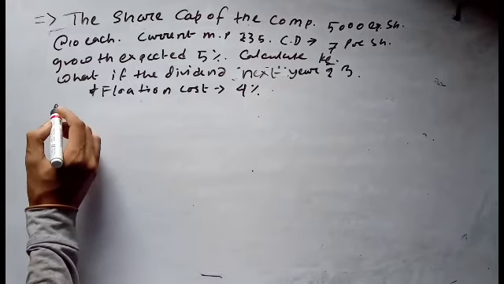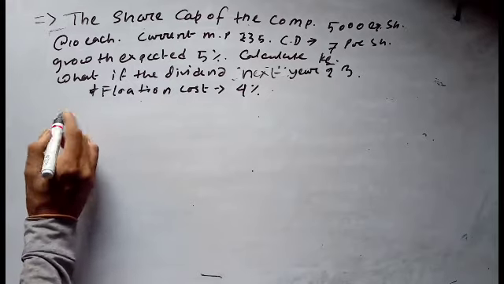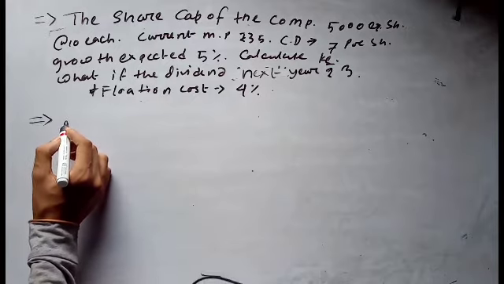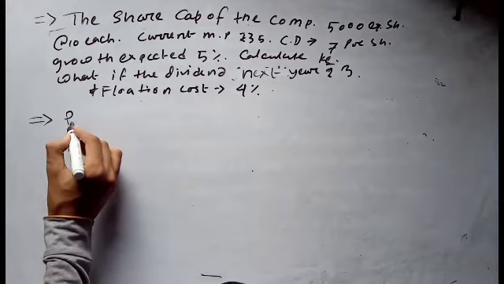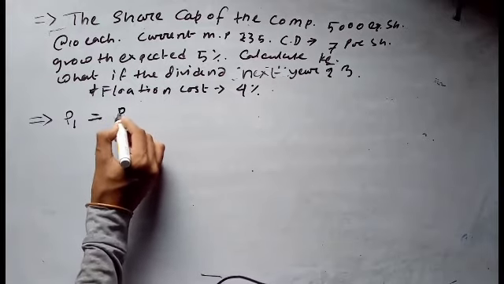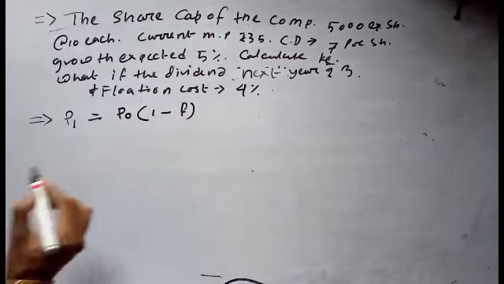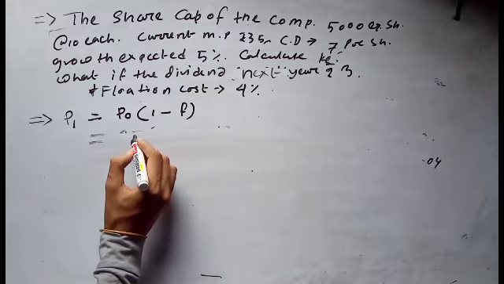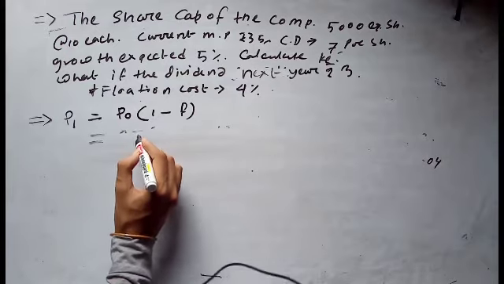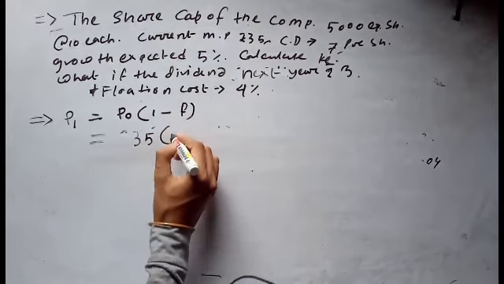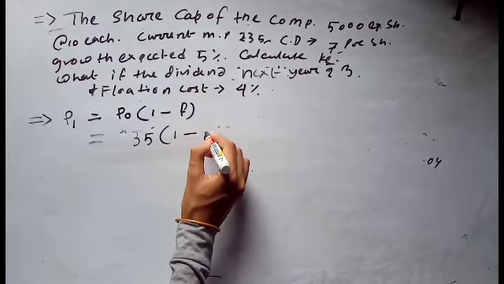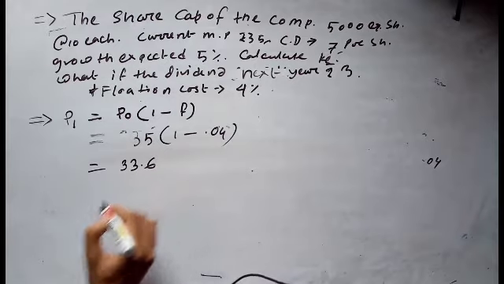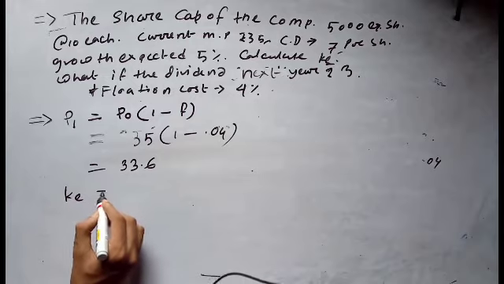So the current market price P1 will be P0 into 1 minus F. P0 is 35, and 1 minus F with flotation cost 0.04, we will get about 33.6.